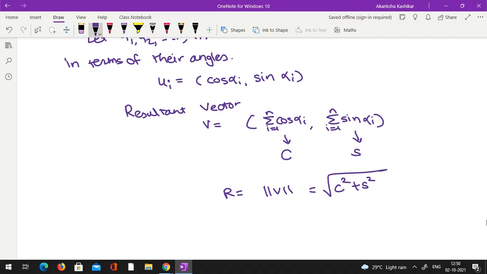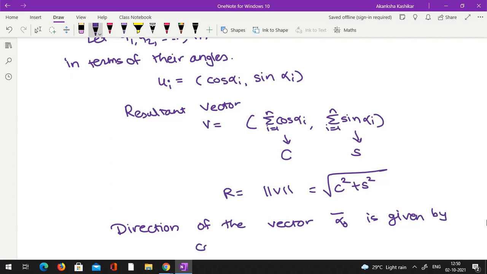Then the direction of the resultant vector, if I call it alpha naught bar, is given by: cos alpha naught bar would be C upon R, correct? Because this is now the cos of that new vector.